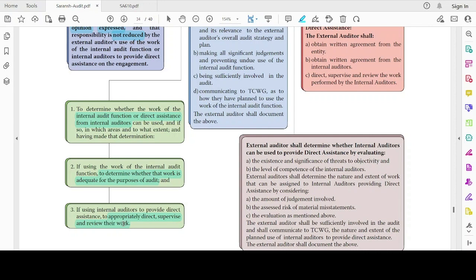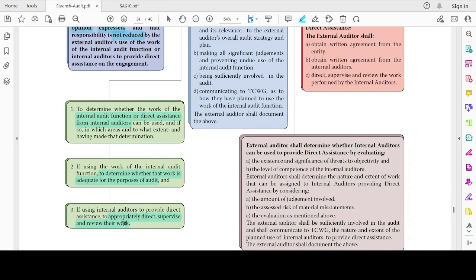Which means first I have to decide whether I am able to obtain work from the internal audit function or the internal auditors, and check the adequacy of their work. If I'm okay with taking help from them, then I have to determine in which areas and to what extent I can seek their help.